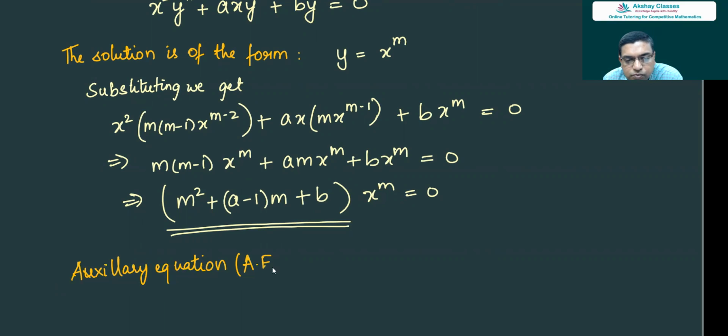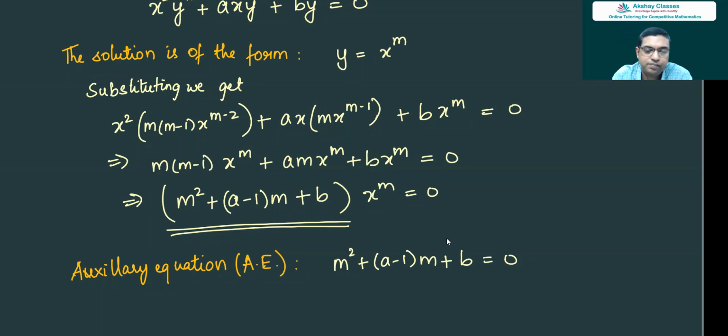So for linear ODE with constant coefficients, it was different. So for Euler-Cauchy equation, the auxiliary equation is this: m square plus a minus 1 times m plus b equal to 0. So now it has roots, real distinct, two roots, real distinct or real equal or complex.